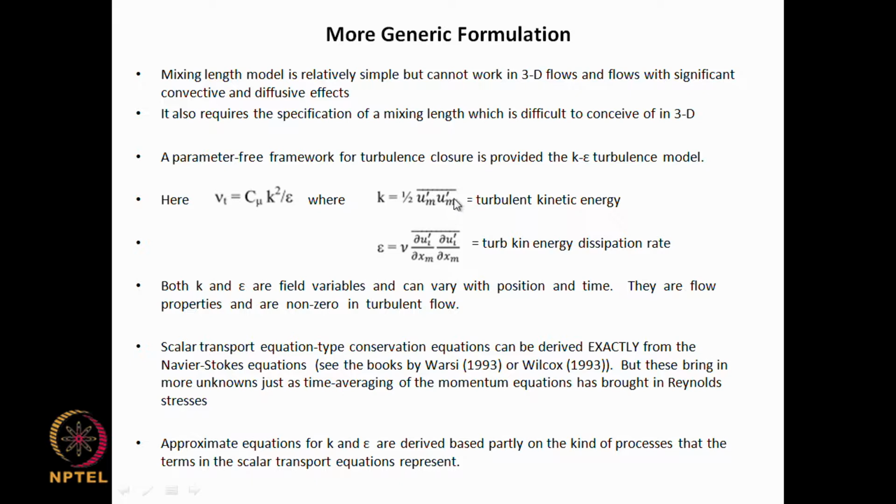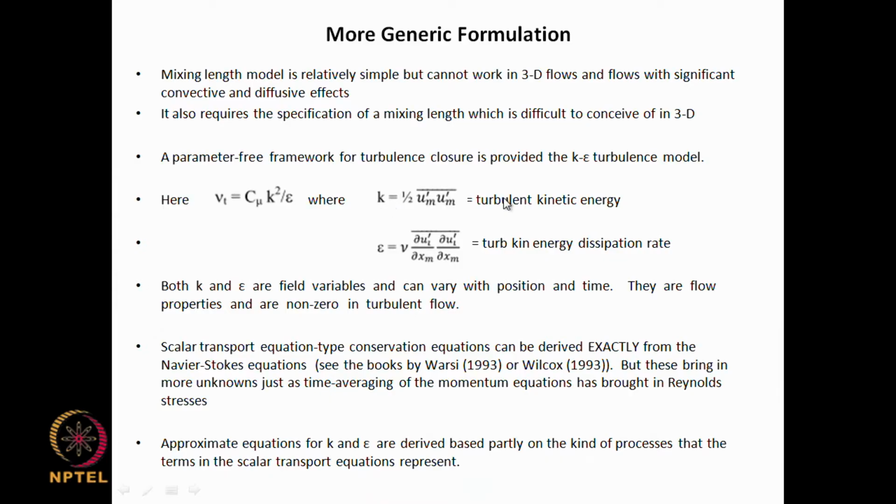Obviously, if you have turbulence and you have fluctuations, u prime is non-zero, and therefore u prime square is non-zero, and therefore turbulent kinetic energy is non-zero. So if you have turbulence, then there is turbulent kinetic energy. This turbulent kinetic energy describes the strength of these fluctuations.